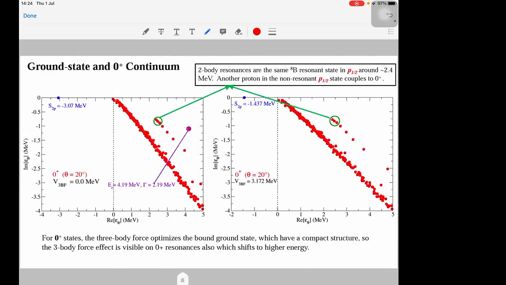Okay. Now I will discuss the 0+ continuum. Okay. So this is the complex energy plane where I have plotted the eigen energy values of the complex scaled Hamiltonian.